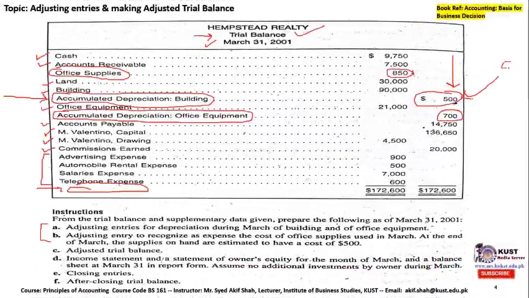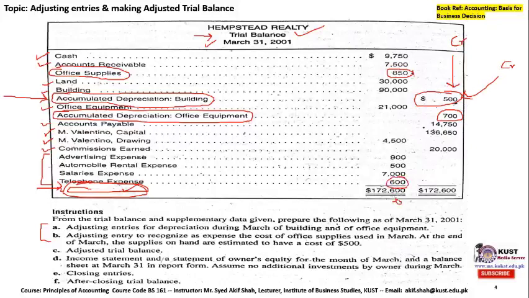So the credit versus credit will add up. So 500 plus 250 will make $750. And at the bottom of this trial balance, we'll make an adjustment with the title of depreciation expense building, and we have to mention $250 just beneath this $600.